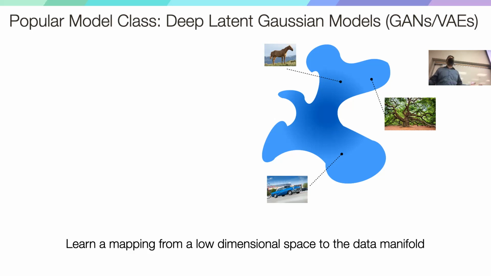So it's a huge combination of possible images, but the subspace of images that actually look natural, that has a certain structure, is typically much smaller. We like to think of it as lying on a curved subspace, in other words, a submanifold of the very high dimensional space. You can think of that as the blue object that I drew here. On that manifold there are certain points highlighted showing very different things. For example, there could be a car image sitting here, a horse image here, and a tree image somewhere here.